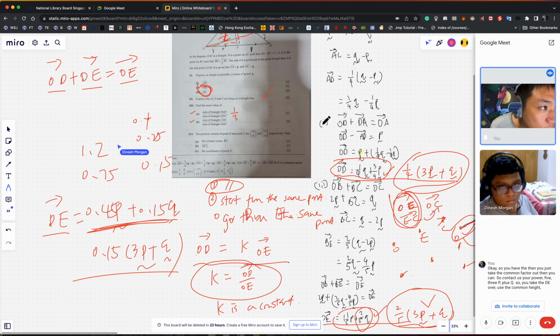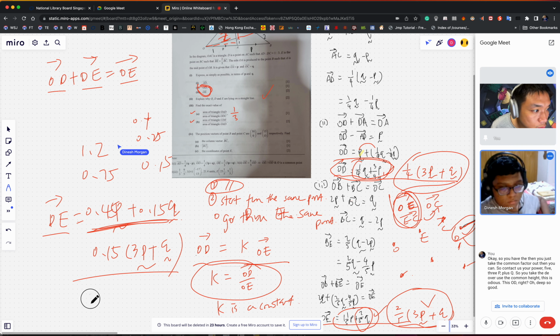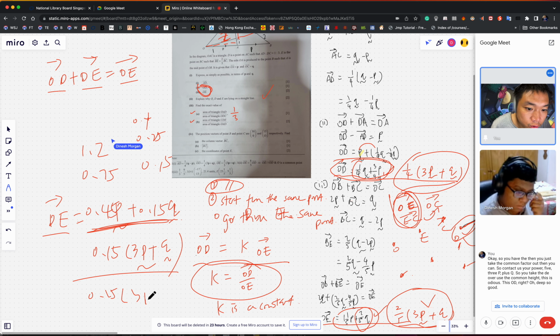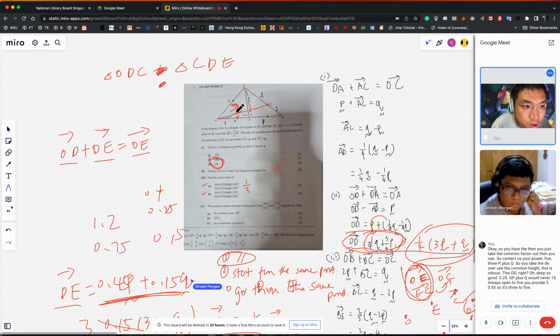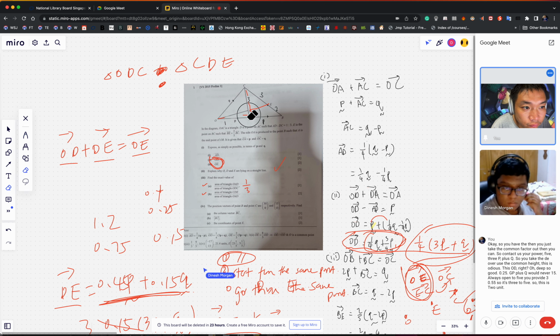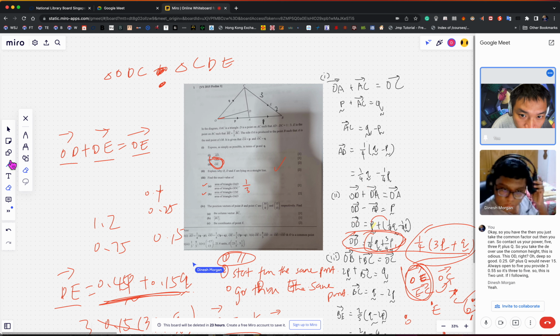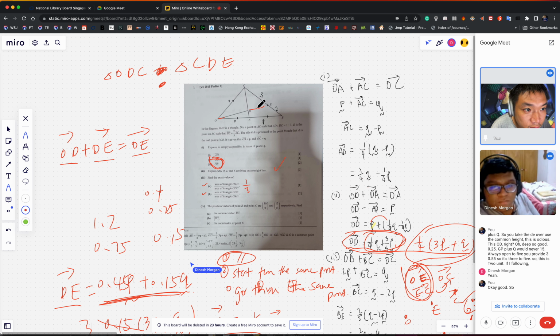This is OD, which is 0.25 times (3P plus Q), so therefore 0.15 over 0.25, which is 3 to 5. So this one is 3 units and this is 5 units. Are you following? Okay, good.